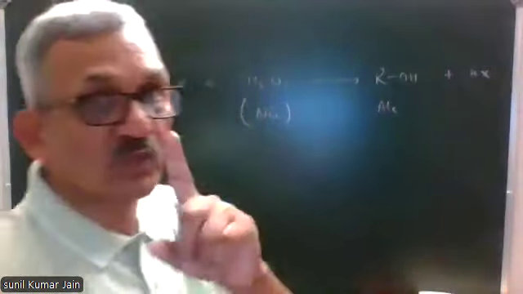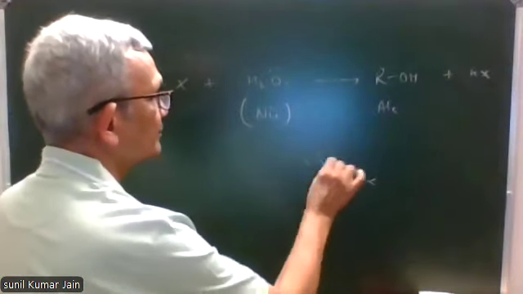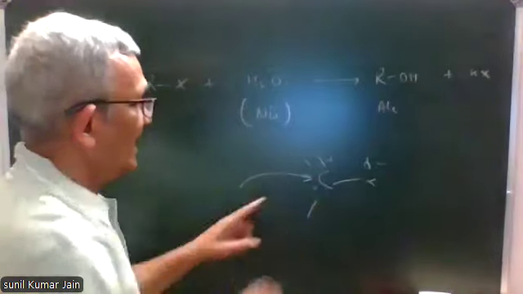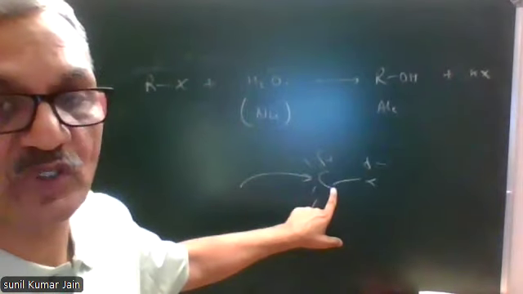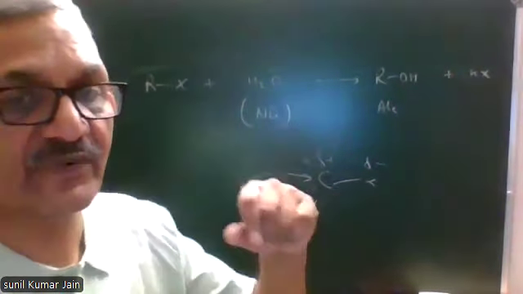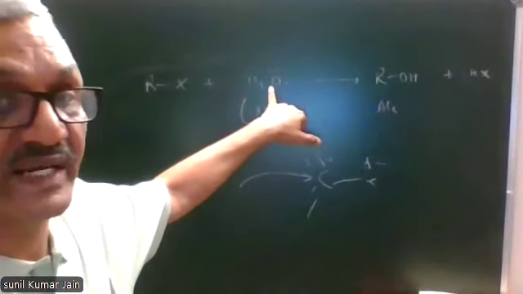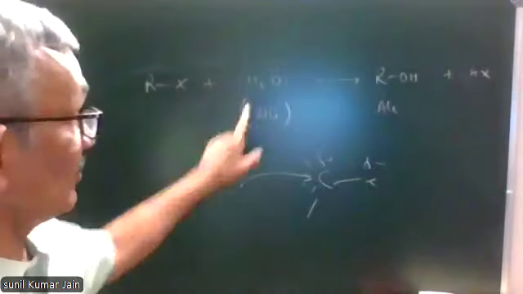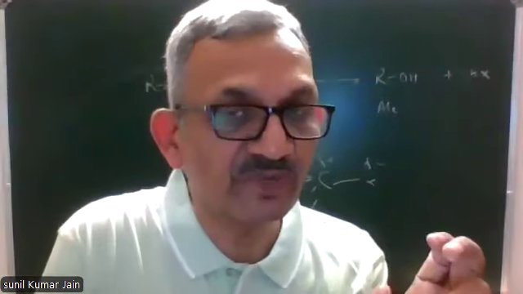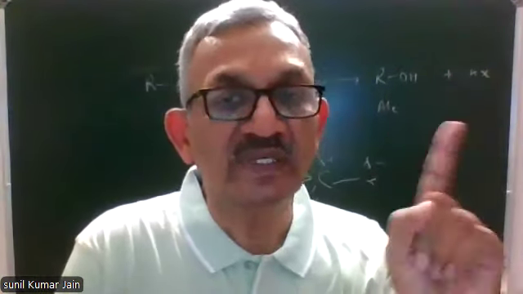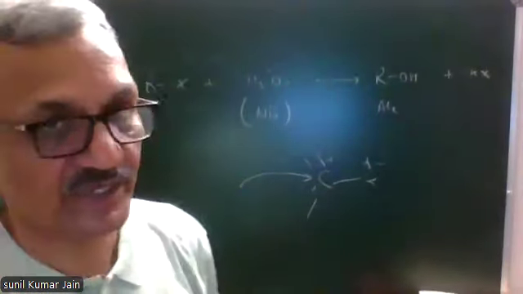Because in reaction 1, the nucleophile is negatively charged, and it will be strongly attracted by the positively charged alpha carbon atom, and therefore the reaction will be faster. Whereas in reaction number 3, the nucleophile is neutral, and the attraction of a neutral nucleophile with the positively charged alpha carbon atom will be weaker, therefore the attack will be slow, and formation of alcohol will be a slow process.